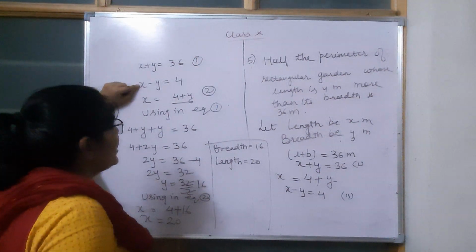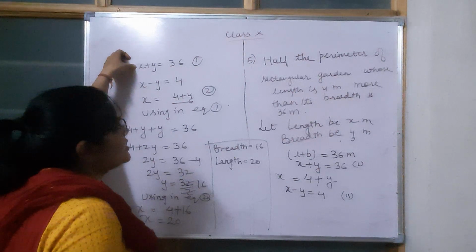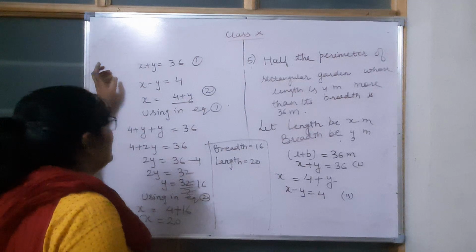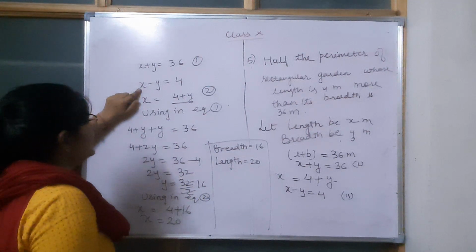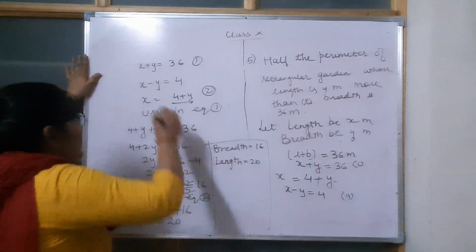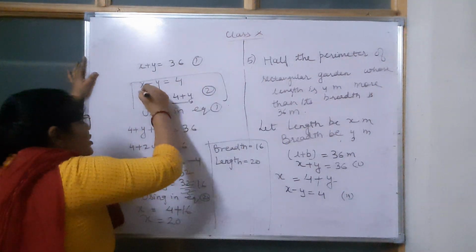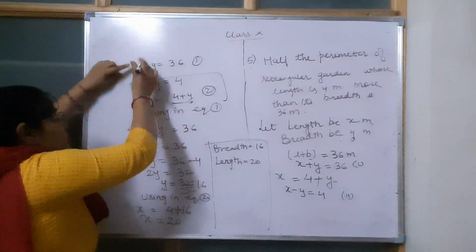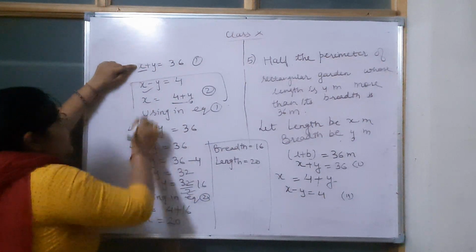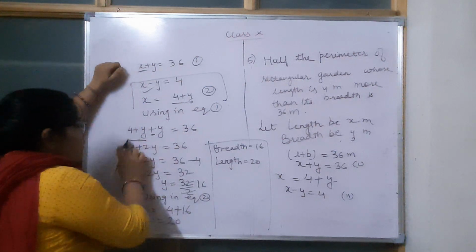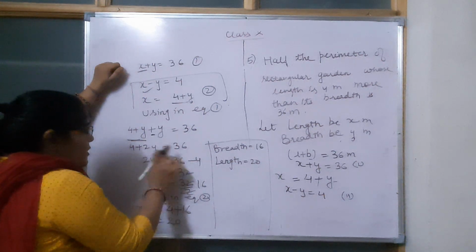First we will find out the value of x. So how would you find it? You can take x is equal to 36 minus y and put it in this equation also. But I am using this here. So x is equal to 4 plus y. As I have taken the value from this equation, I will put x is equal to 4 plus y in this equation. So here x means 4 plus y, then plus y equals to 36. 4 plus 2y equals to 36.